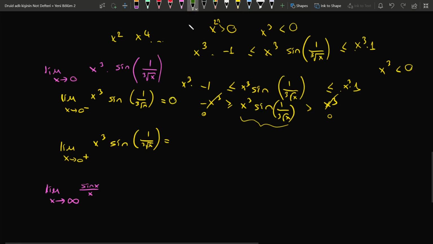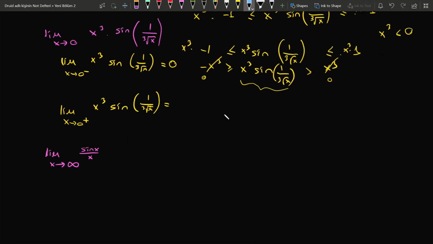So now let's change the color to evaluate the limit from the right side. What we have is, again, the same function, but this time x cubed is going to be greater than 0 because we're approaching from the right side of 0. Now this is again between 1 and negative 1, and I multiply every side by x cubed.